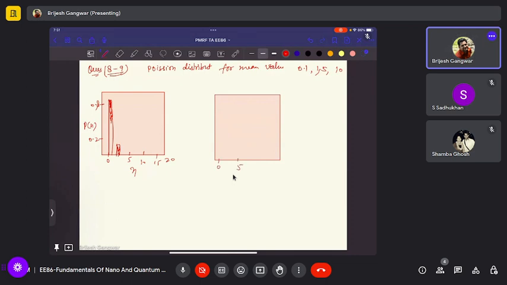Similarly it is given 0 to 5, this is 0.3, 0.2, 0.1, and 1, 2, 3, 4. This is the fifth one, so these 5 columns are till 0.5.